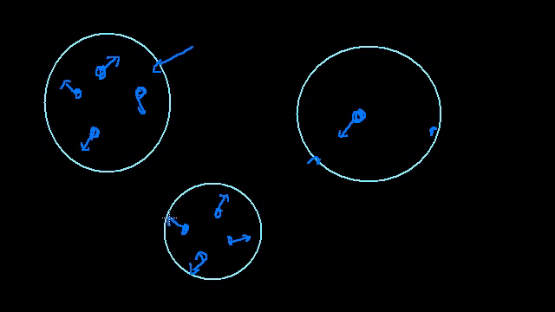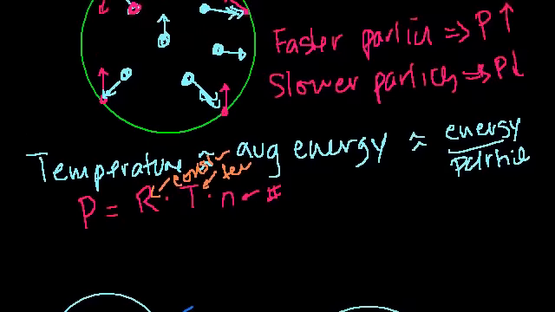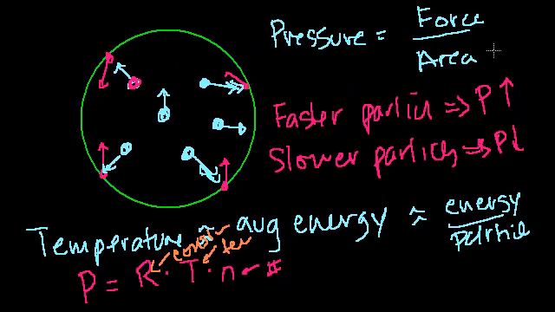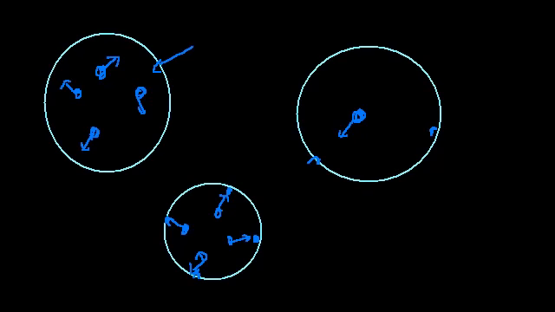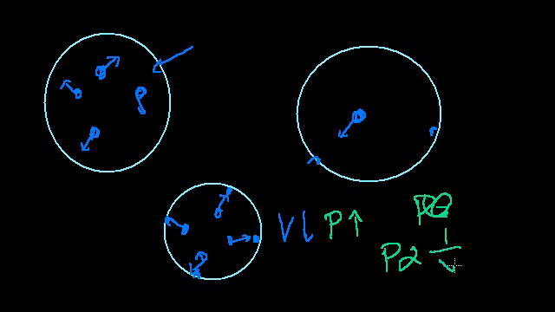Now these guys are going to bump into the sides of the container more frequently, and there's less area, right? So at any given moment, you have more force and less area, so your pressure is going to go up. So when the volume went down, your pressure went up. So we could say pressure is inversely proportional to volume.